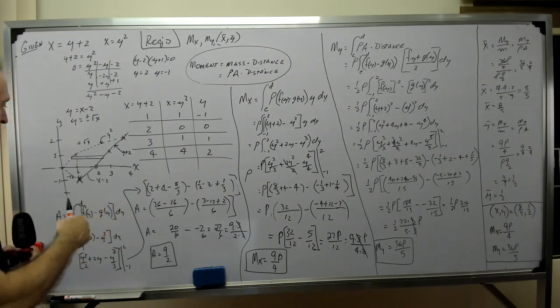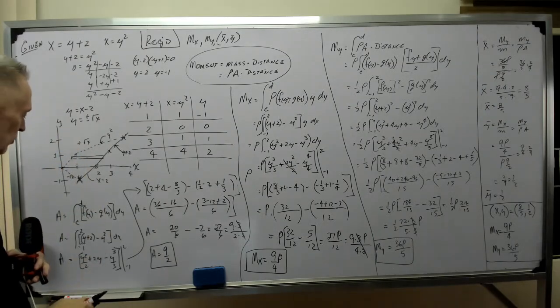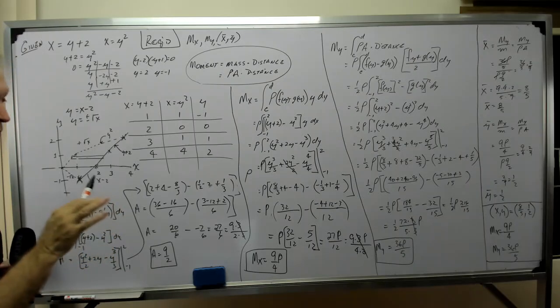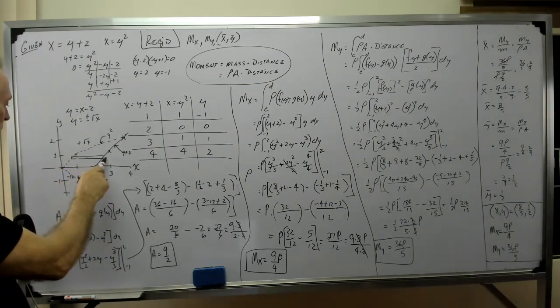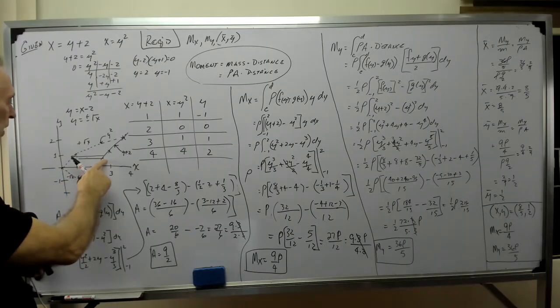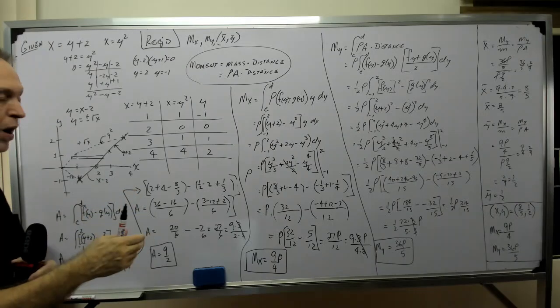Now you can do that, but simplifying it, let's just integrate with respect to y. So for a given y, what is the larger x? And that becomes your f of y equation.